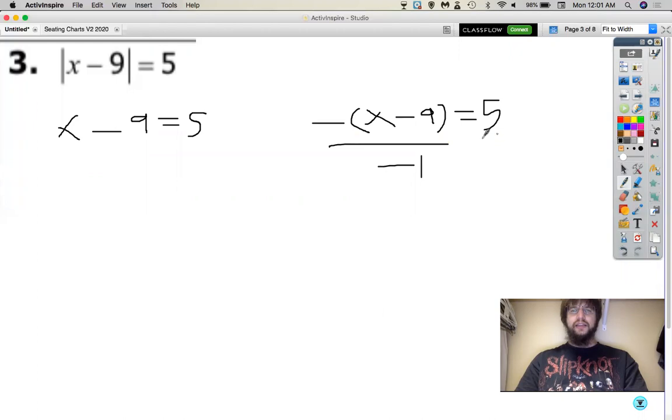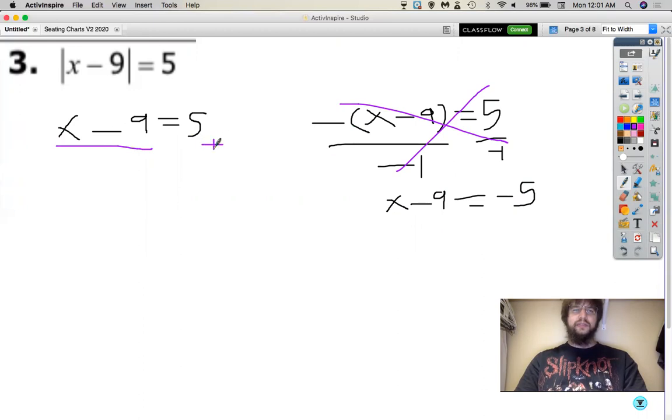Instead of writing it like this, we automatically divide through by a negative 1, which will cancel these negatives out, leaving us with the inside part equal to the negative of our original value. So usually we don't want to write this. That's extra. We don't need to do it. You take the inside part and set it equal to the positive. You take the inside part and set it equal to the negative. That's it.